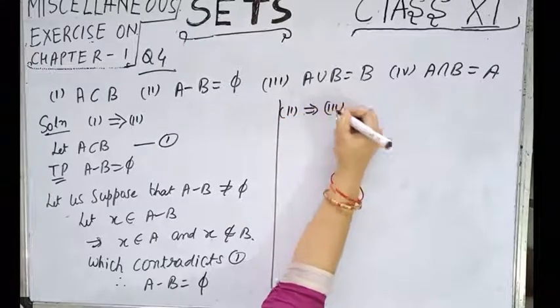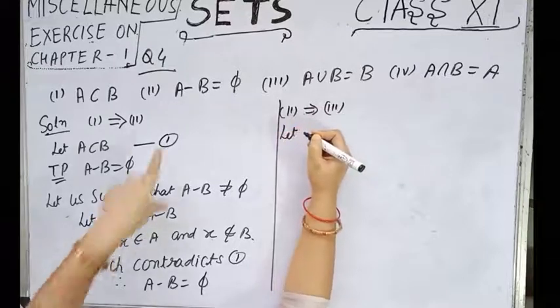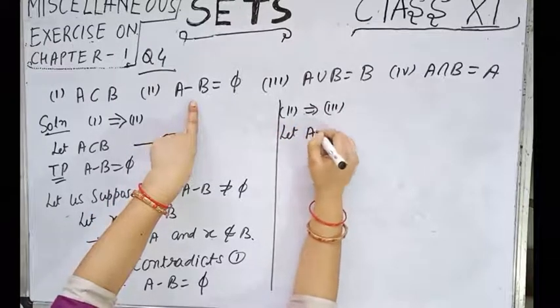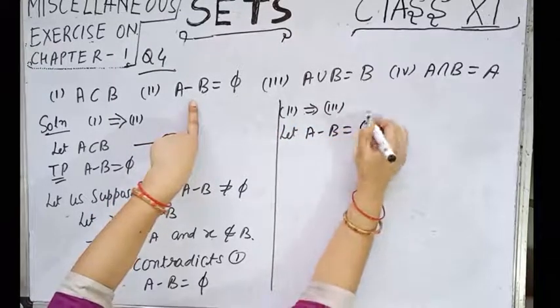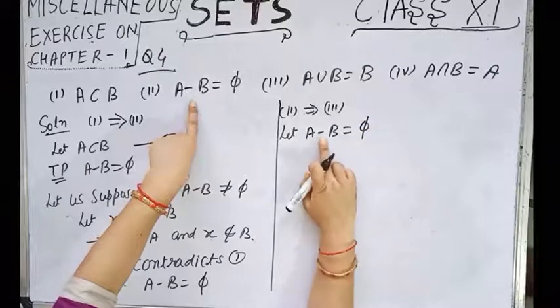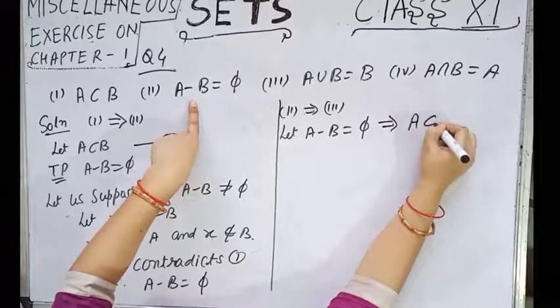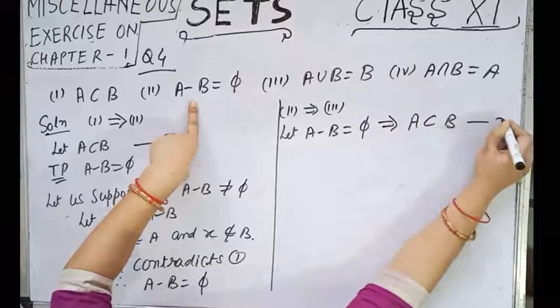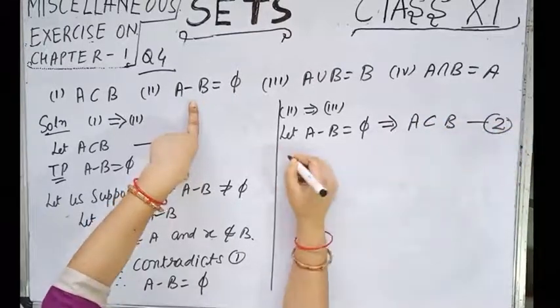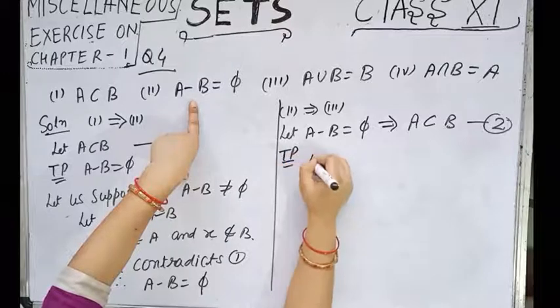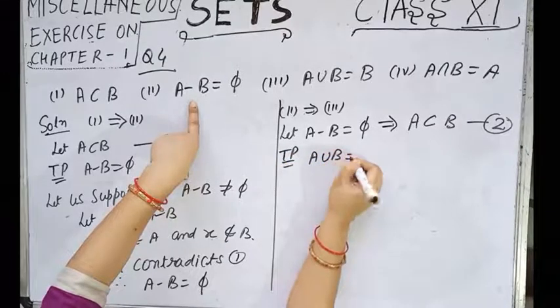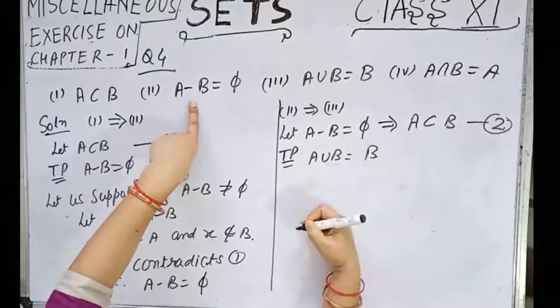So if 2 implies 3, we have this, let A minus B equals to 5. Now if A minus B equals to 5, this implies A is the subset of B. Let us make it equation number 2. Now what we have to prove? To prove A union B equals to B. Okay?